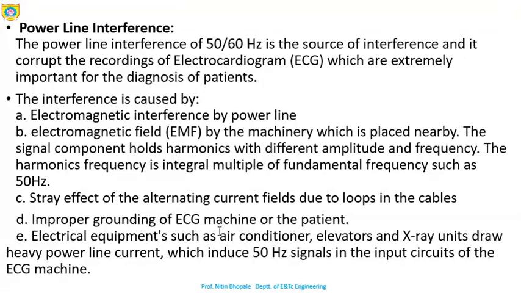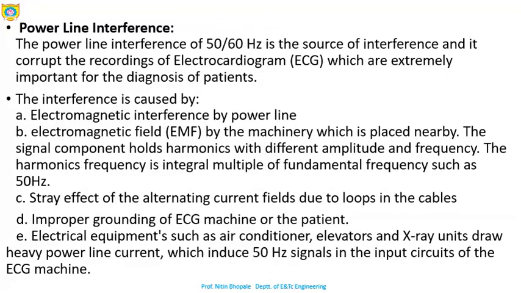Improper grounding of the ECG machine or the patient may cause errors as well. Next is electrical equipment such as AC around or within the lab or room. Elevators and X-ray units draw heavy power line current, which induces a 50 Hz signal in the input circuit of the ECG machine.